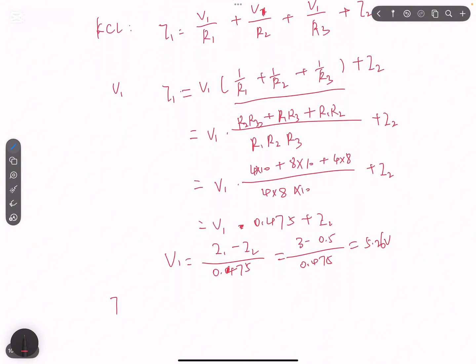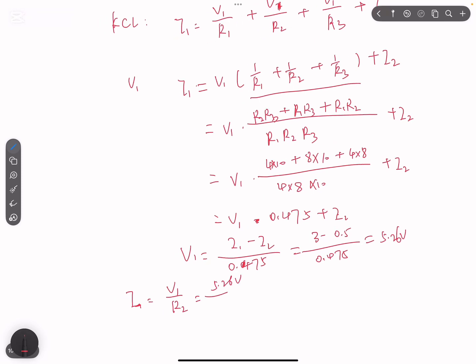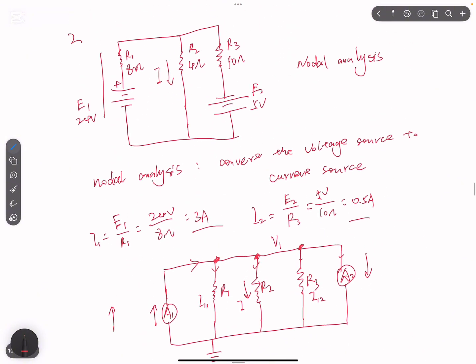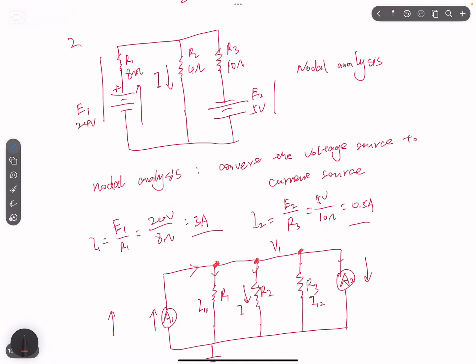Then we can solve for I. It will be V1 divided by R2. So we have 5.26 volts divided by R2, which is 4 ohms. That will give us 1.315 amps. So this is how we do the nodal analysis. First we need to convert the voltage source to current source.